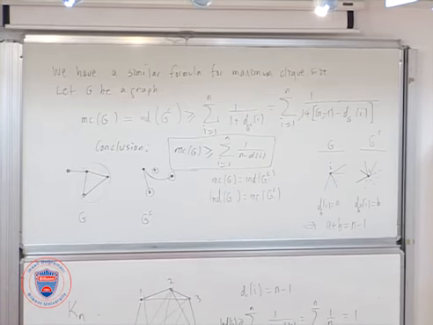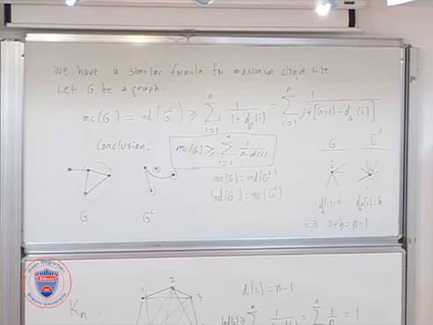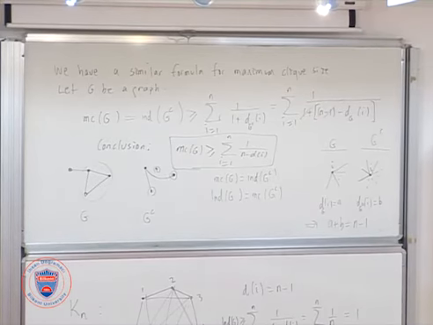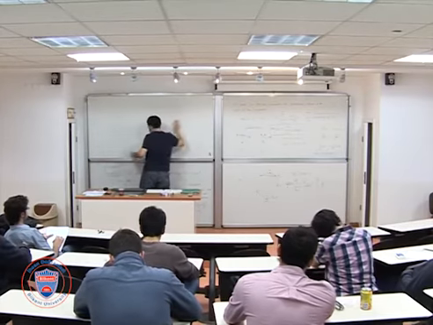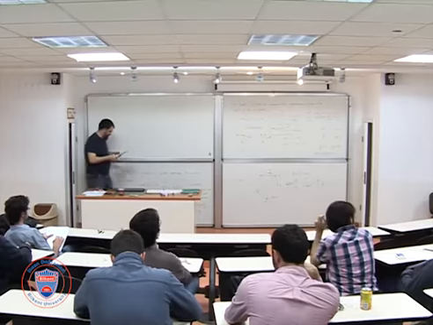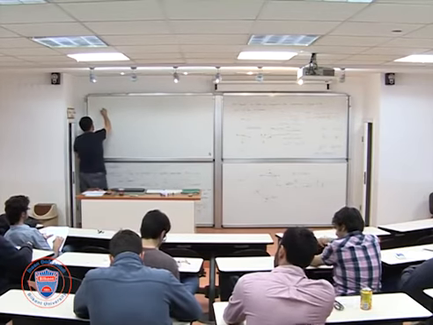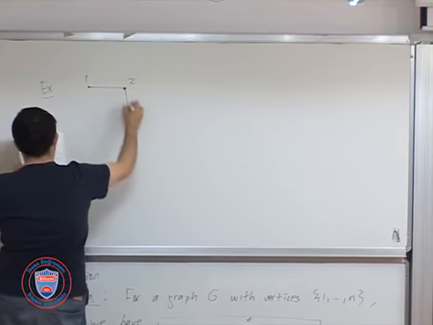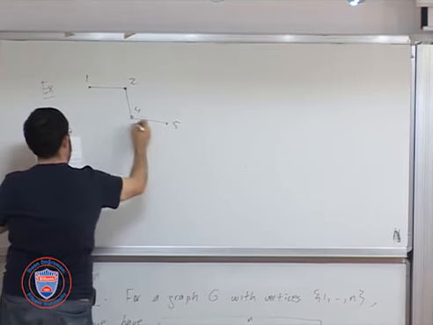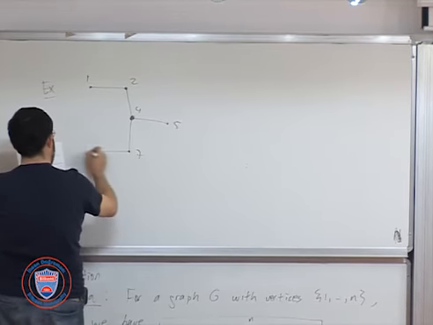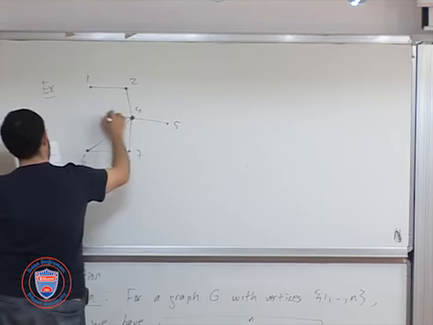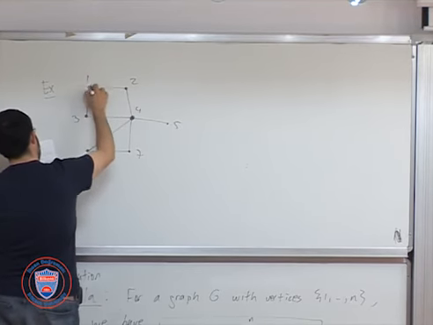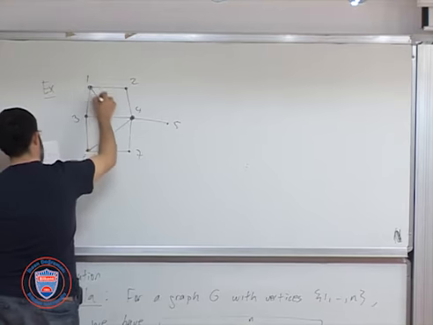I already gave one example last time I introduced this. I think the example was something like this: 1, 2, 4, 5, 7, 6, 3, and this.